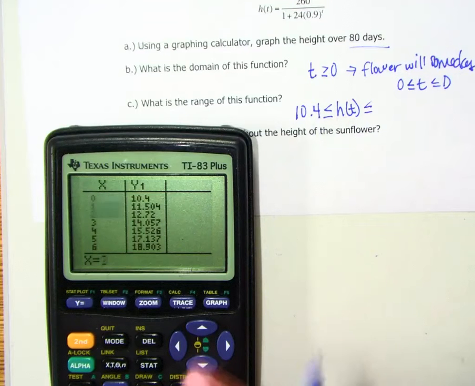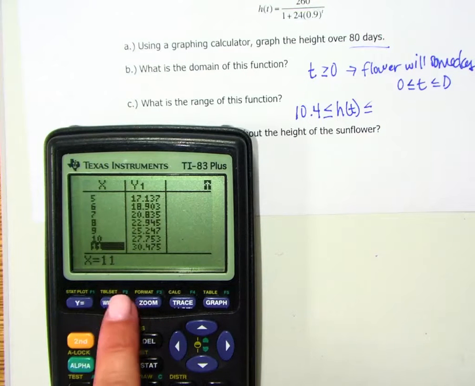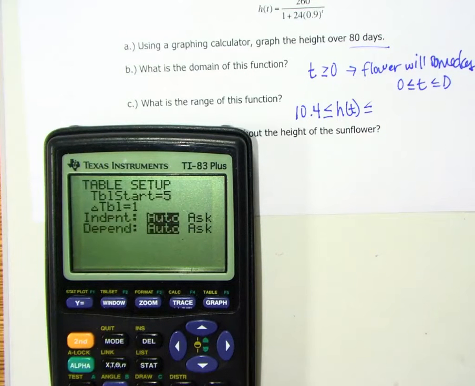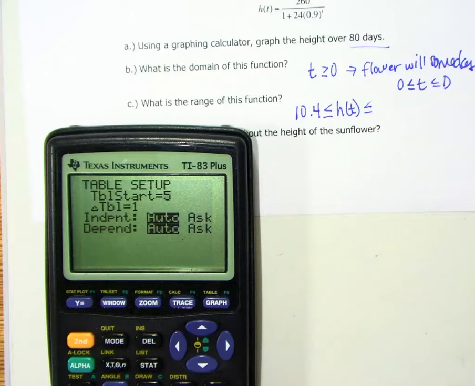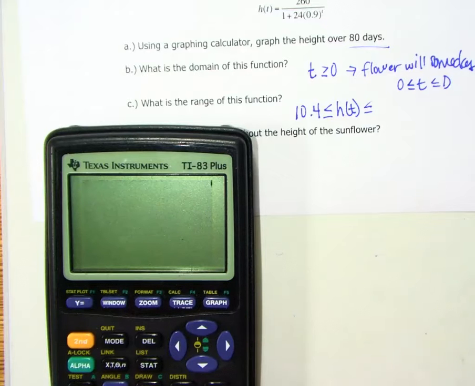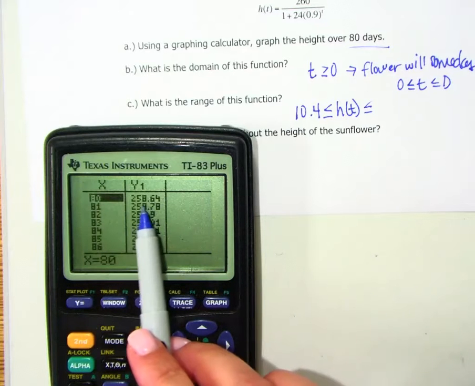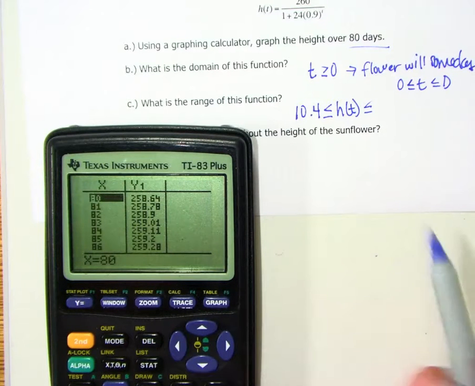So instead of scrolling all the way down, what you guys can do is hit second window, which is table set, and you can tell your table where to start, okay? So I'm concerned about what happens when x is 80, so type that in and then go back to your table and it will jump right there, okay?